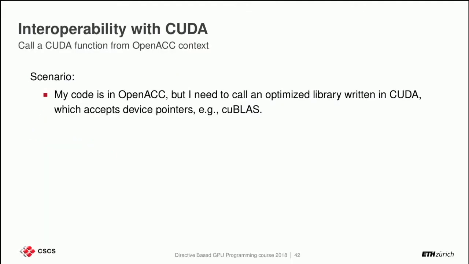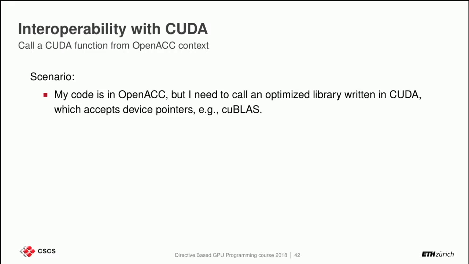Okay, next thing, which is an even more common scenario, I would say, is when you want to call a library function that is written in CUDA from OpenACC. That's a common scenario because, first of all, you have the cuBLAS methods, which are quite optimized methods for standard BLAS operations. These are written in CUDA, and they accept device pointers in their interface.